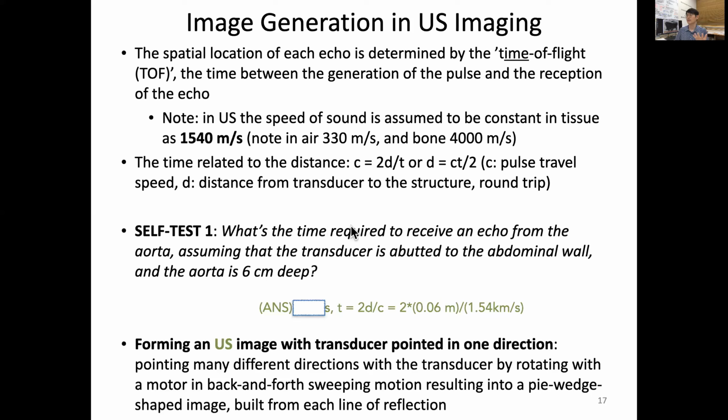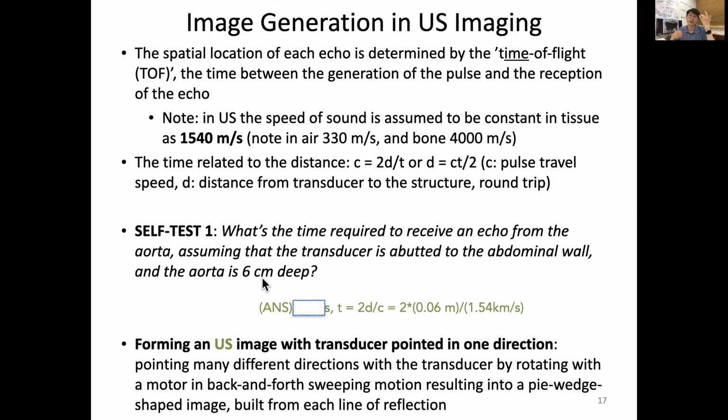What's the time required to receive an echo from the aorta, assuming the transducer is abutted to the abdominal wall and the aorta is 6 centimeters deep? Let's say we have a transducer, we put this here, and I'm sending the sound to about 6 centimeters below, to the aorta.